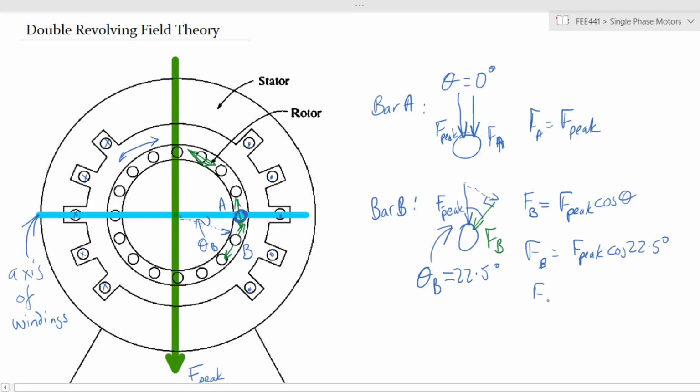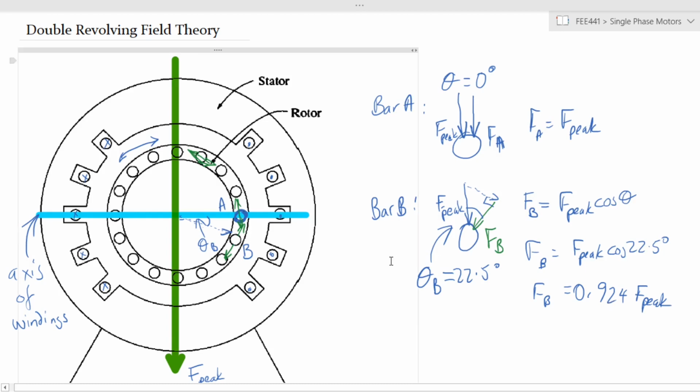So FB is equal to this cosine, which is 0.924 times F peak. Okay. So the force that is acting on the bar B in the direction in which it is free to move is 0.924 times F peak.